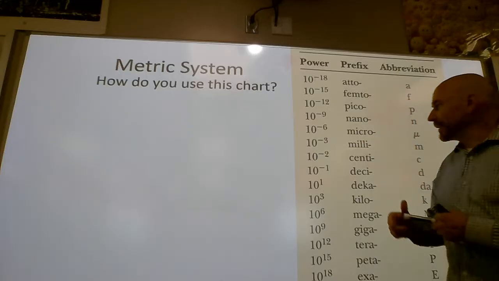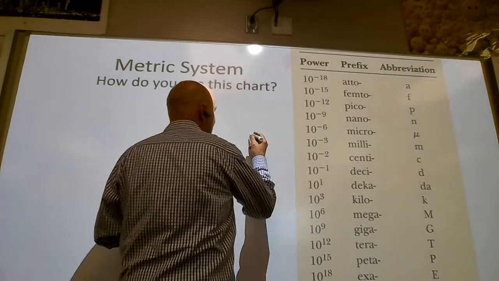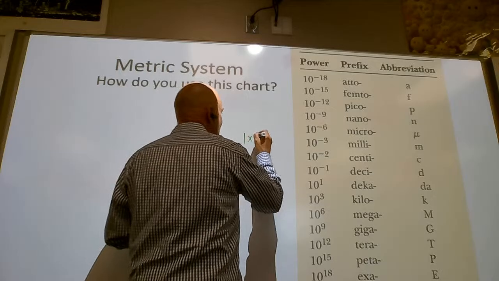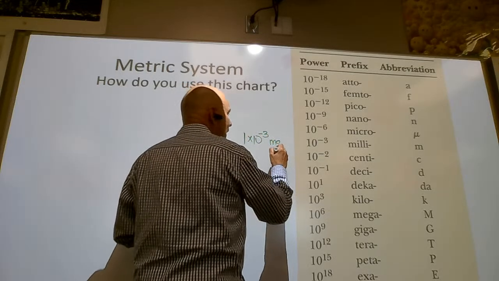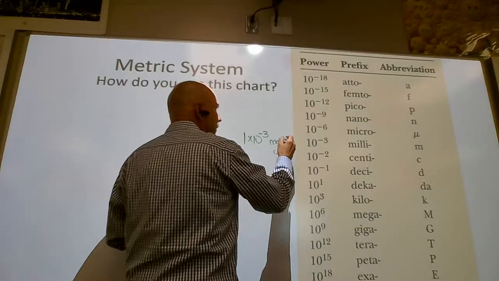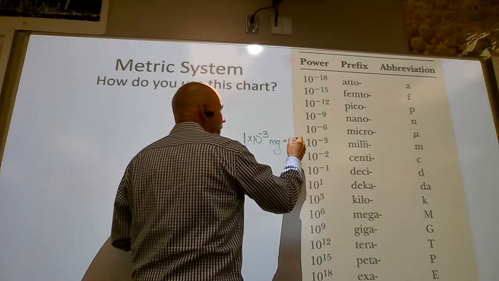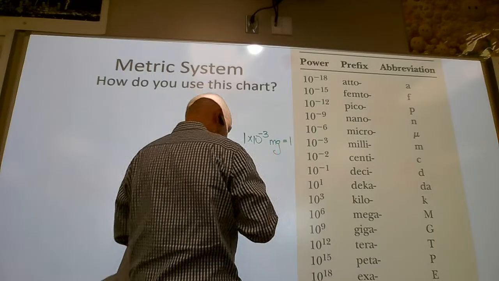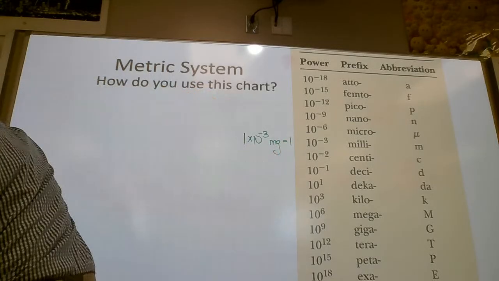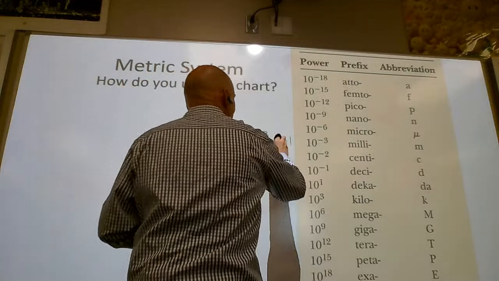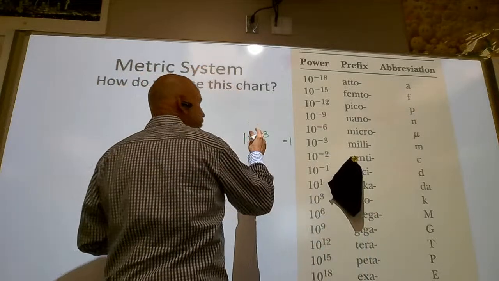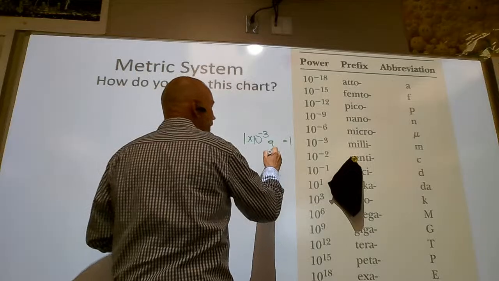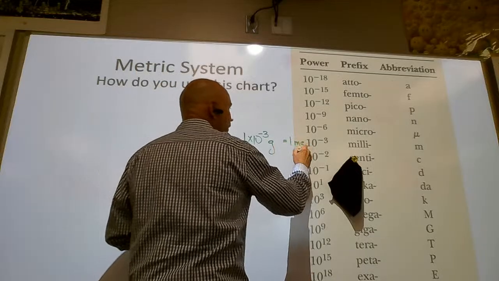Okay. What this means is there is 1 times 10 to the negative 3 grams for every 1 milligram.